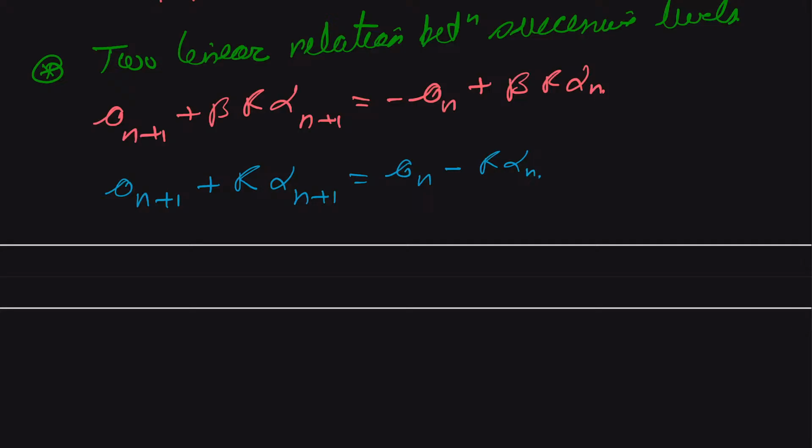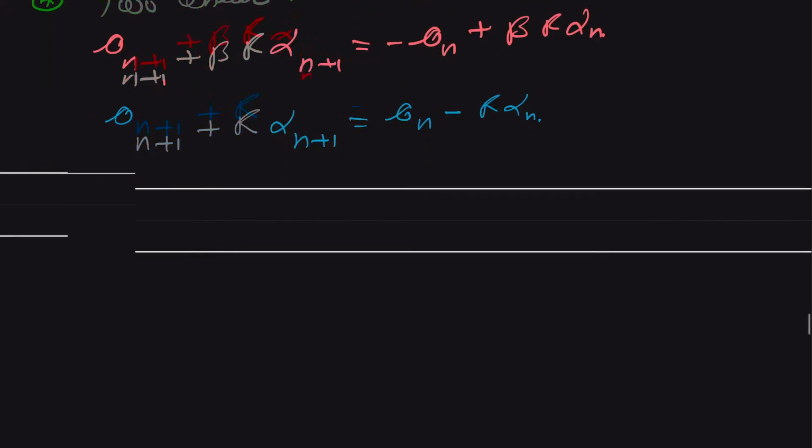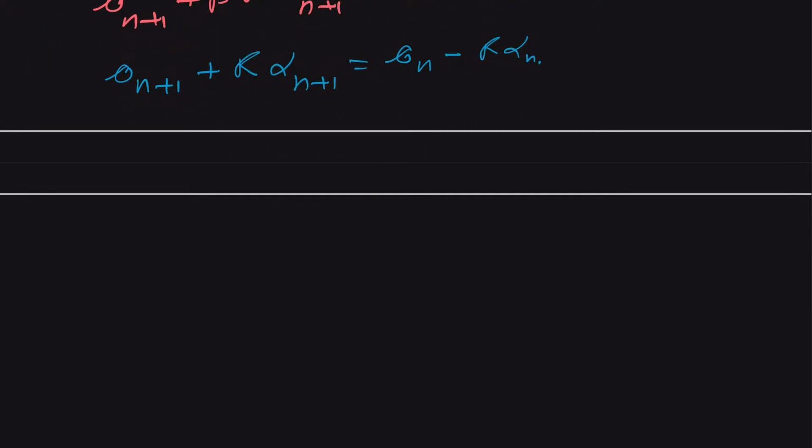Okay, so these are the two equations of our successive levels, and we can just solve them. And in this case we have to remember that we are dealing with this infinite stack of cylinders. Okay, so we are going to find out the geometric ratio that is going to help us to find out the solution.